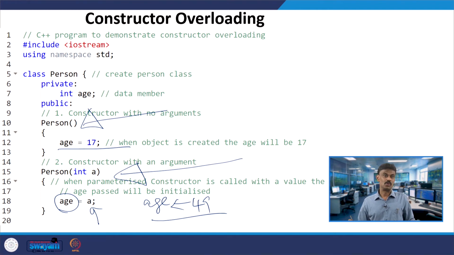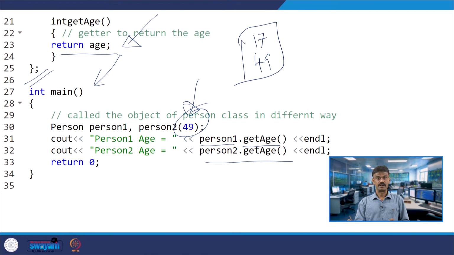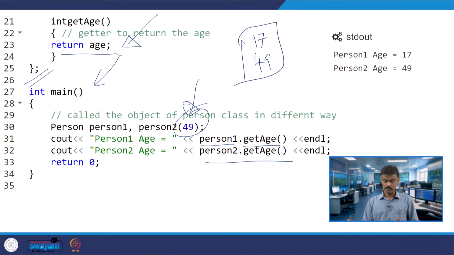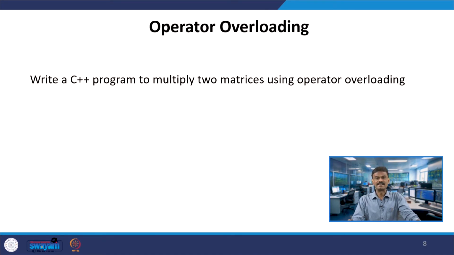When you are creating an object, which constructor will be called is decided based on the number of arguments. You call this concept constructor overloading. I hope it is clear for everyone. So, let us have one case study. We have seen several overloading concepts, function overloading.